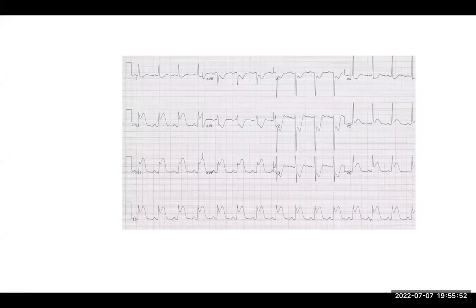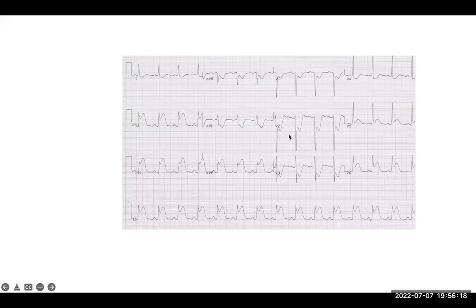And you'll see ST elevation there. So this is the concept I was telling you. If I have posterior ST segment elevation, the mirror leads, V1, V2, will usually have ST depression. And that's why you are seeing ST depression in V1, V2, V3.